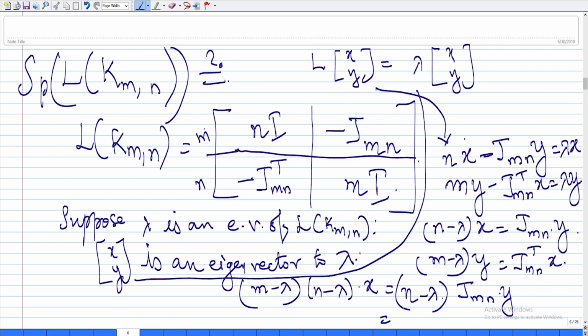So this is m minus lambda times Jmn y, and now for m minus lambda times y, that would be nothing but Jmn into Jmn transpose x, right. So we can see the left hand side expression, and what is the right hand side? Jmn into Jmn transpose, Laplacian of g.